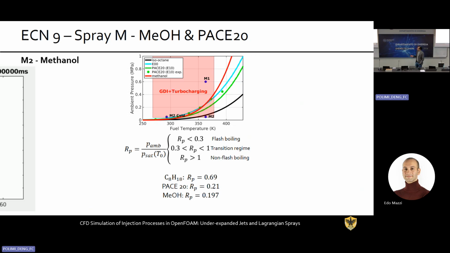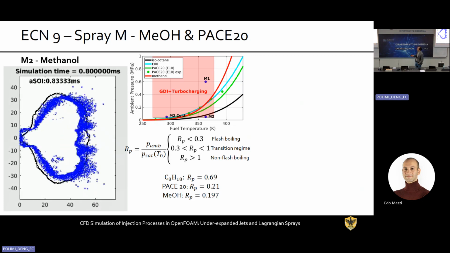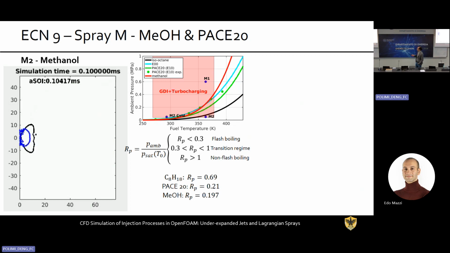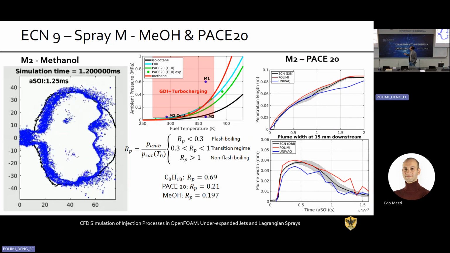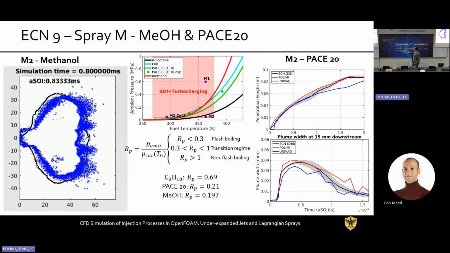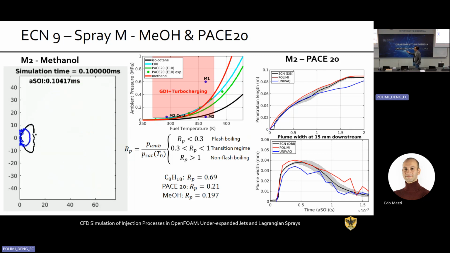And as you can see, also with methanol, the spray morphology is captured quite well, spray collapse and all of that. And these are instead the penetration curves that both Polimi and Univaq obtained to simulate PES20, and this is plume width. We can see our results are quite promising.